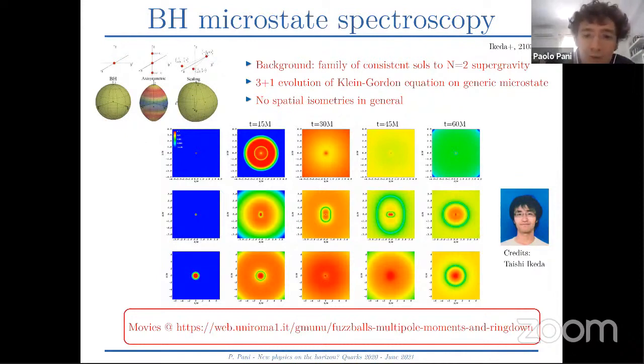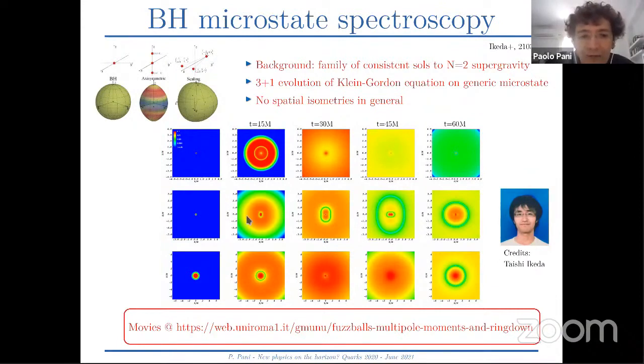But it's interesting that one can study how the scalar field propagates here and recover the phenomenology I was mentioning before. In particular, here I'm showing some time snapshots of the scalar field. It's initially spherical. In the black hole case, first row, you see that it just remains spherical and dies off as in the standard picture.